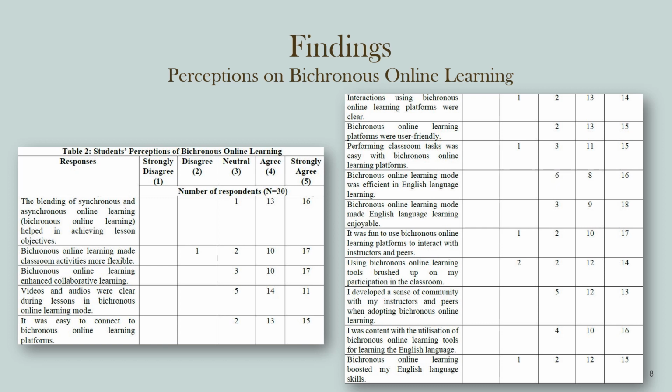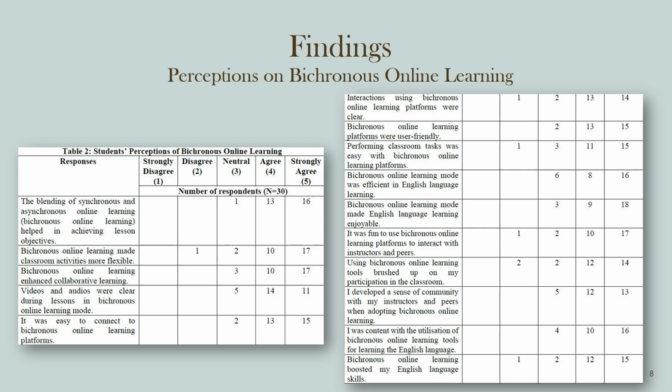Next, Table 2 elicits students' perceptions of bichronous online learning, which overall amassed positive views. 15 items were asked to be rated by the respondents on a 5-point Likert scale ranging from strongly disagree to strongly agree. 96.7% of 30 students indicated that bichronous online learning indeed helped achieve learning objectives.